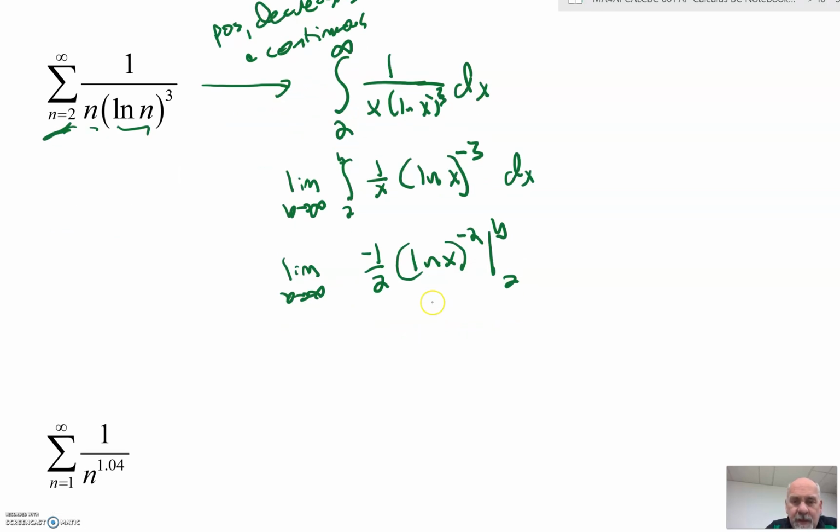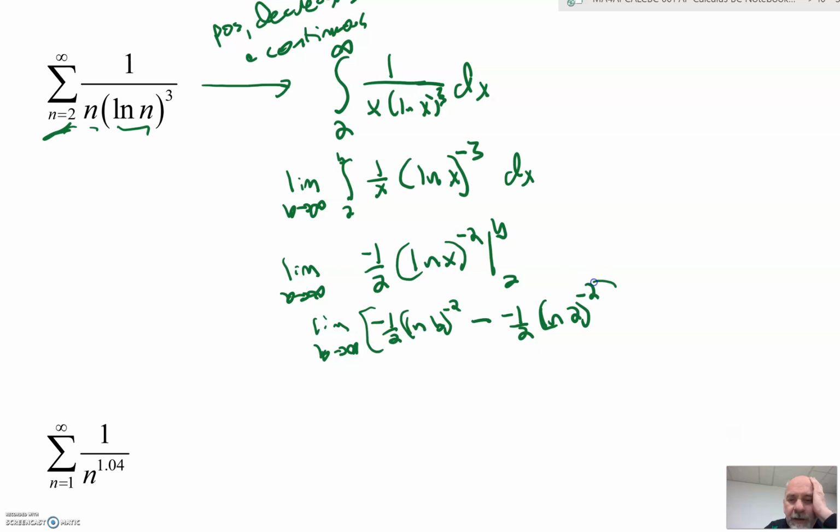And so what is this? Let's plug in b. It's negative 1/2 natural log of b to the negative 2 minus negative 1/2 natural log of 2 to the negative 2, limit as b goes to infinity.